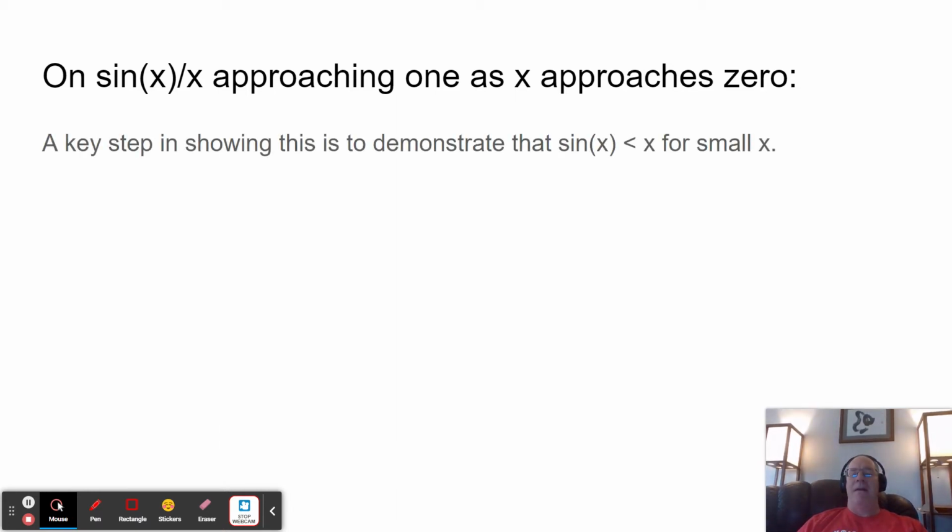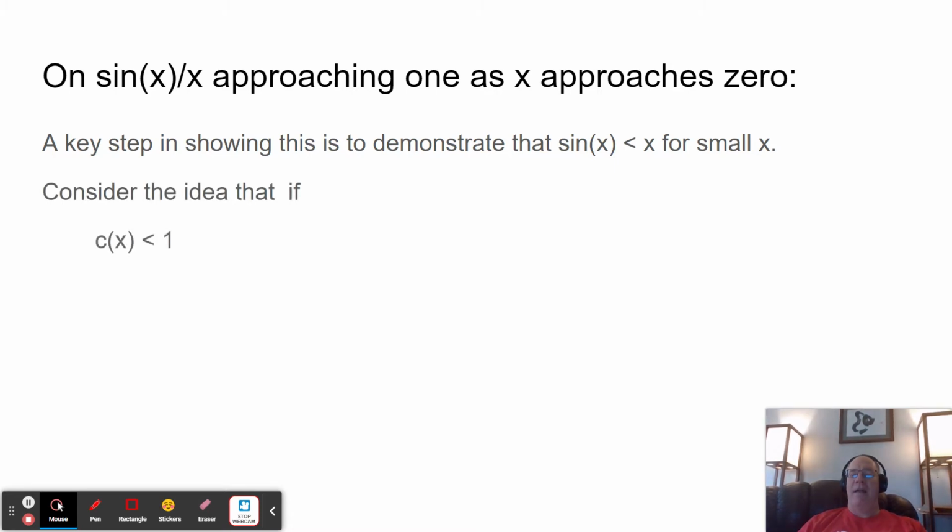But a key step in showing this is to demonstrate that the sine of x is less than x for small x. And so you can do that by using triangles and pie wedges. But let's do this strictly using a trigonometric identity.